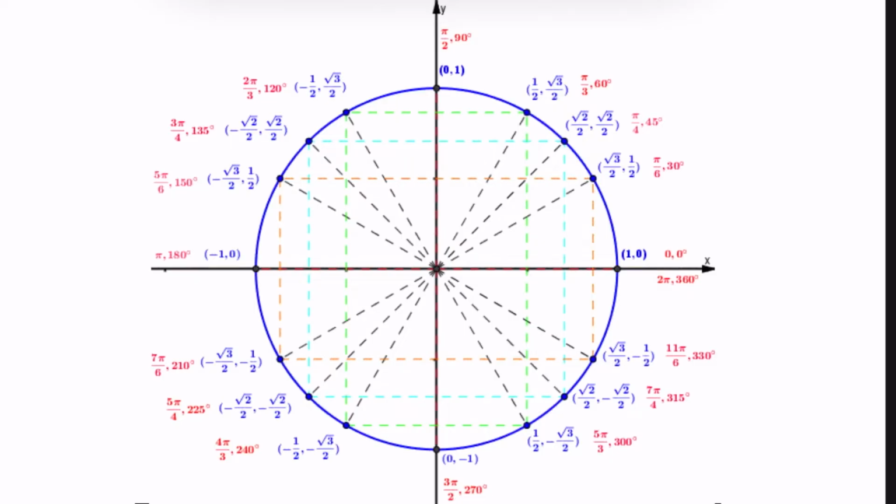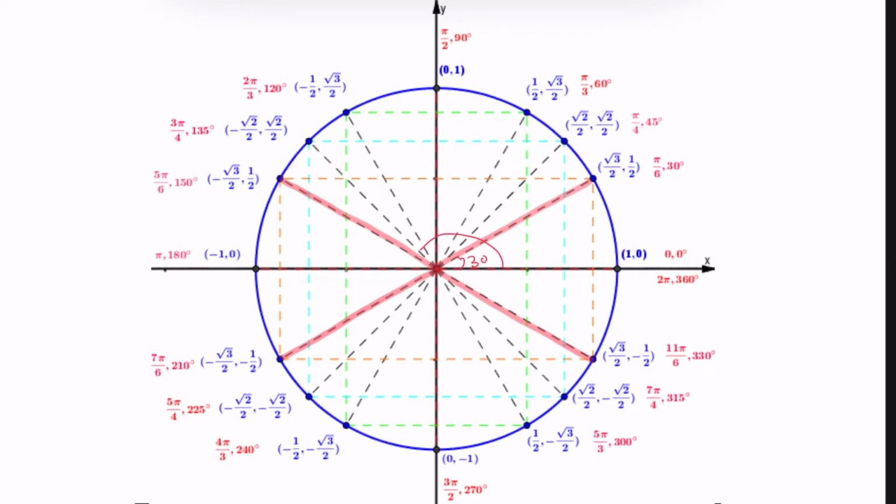Now, let us see the relationship for some key angles like 30 degrees, 45 degrees, 60 degrees using unit circle. This is 30 degrees, 150 degrees, 210 degrees and 330 degrees.